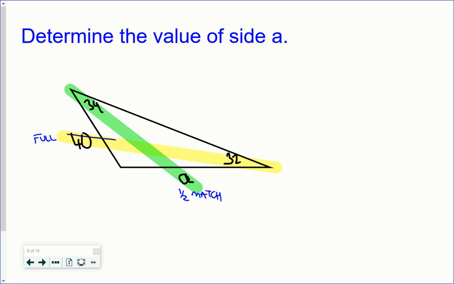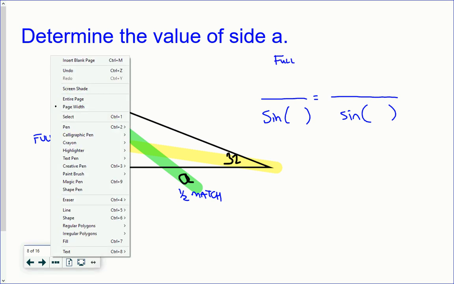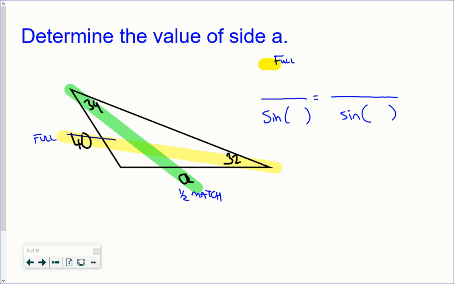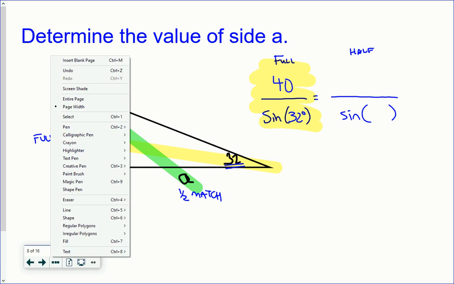So what we do is we're going to set up a proportion. What I always do is I always write my full match first. My full match is side length over angle. So the side length is 40, and its matching angle is 32 degrees. And then in the other half of the proportion, I do my half match.